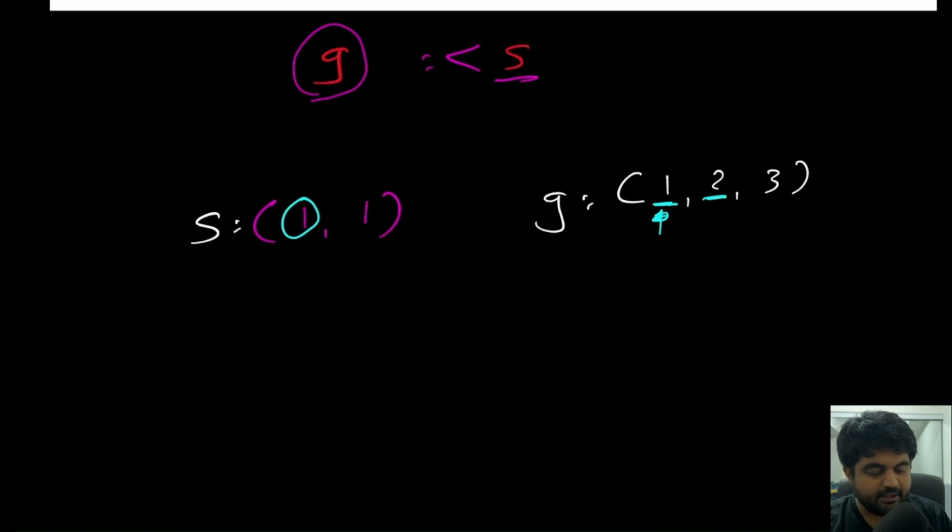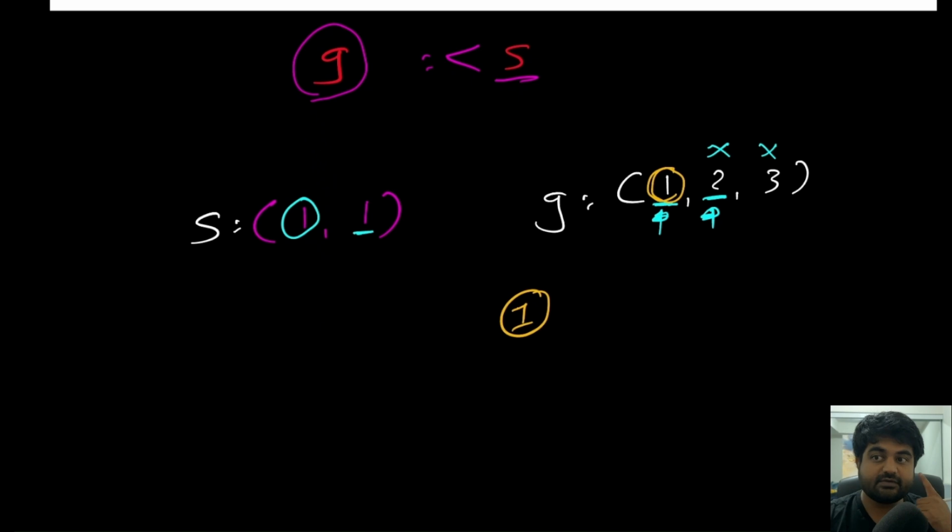But the second child has a greed of 2, and we only have the remaining cookie with size 1, which means we cannot feed this child, nor the third. So we need to return 1, because we are only satisfying the greed of one child. This is the whole problem statement.